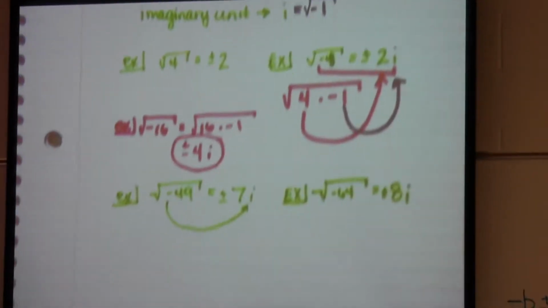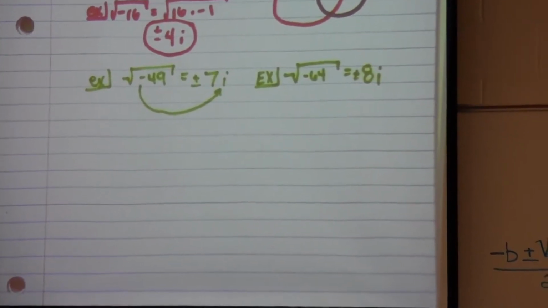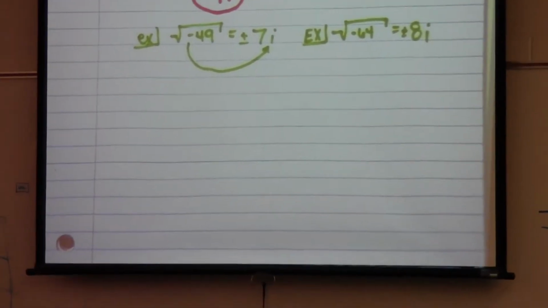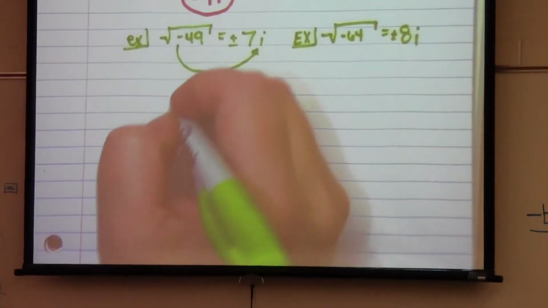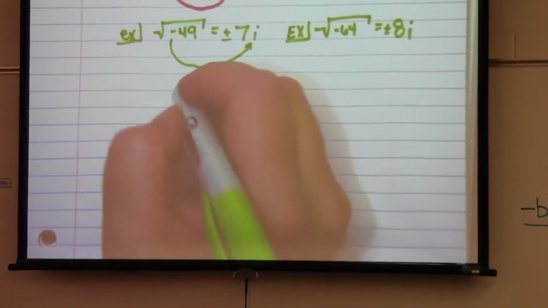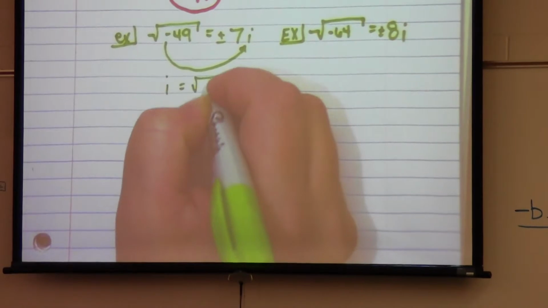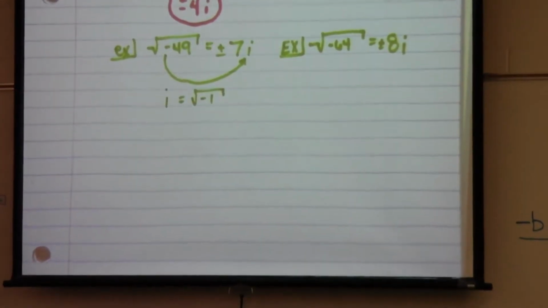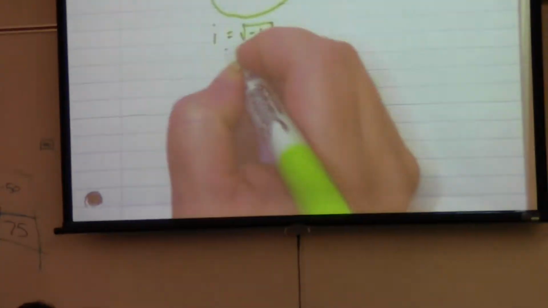Okay, then, even more excitingly, we can do some other stuff with our numbers. For example, let's see here. We're going to make a little chart. And we're going to say that i equals the square root of negative 1, sorry. Okay? And then I want you to think about this for a minute.